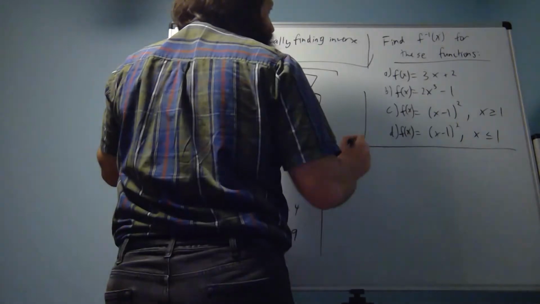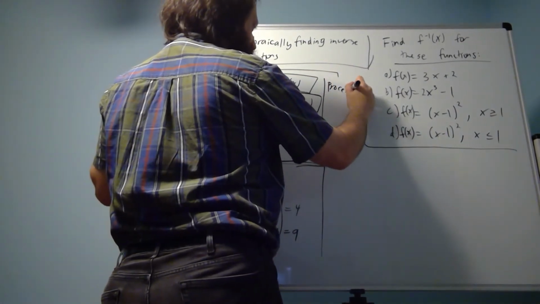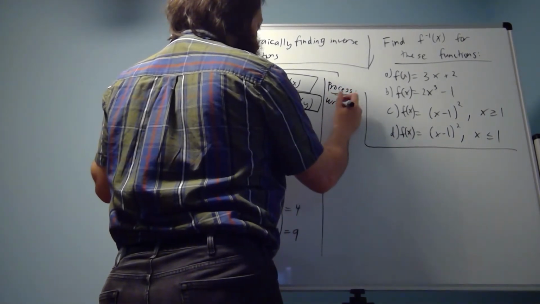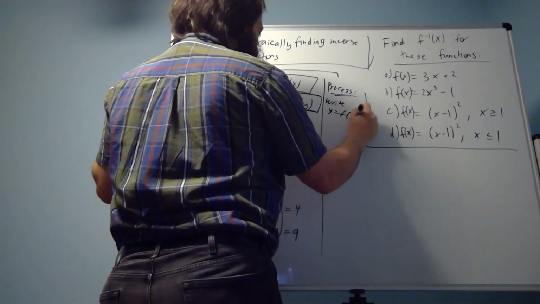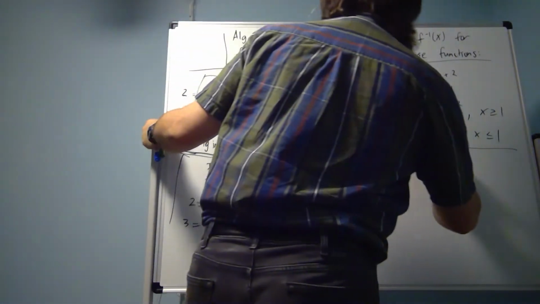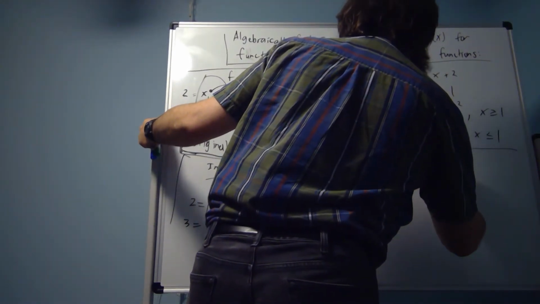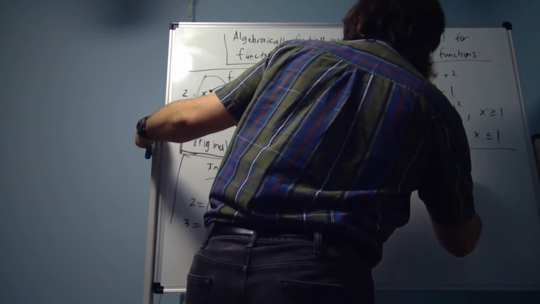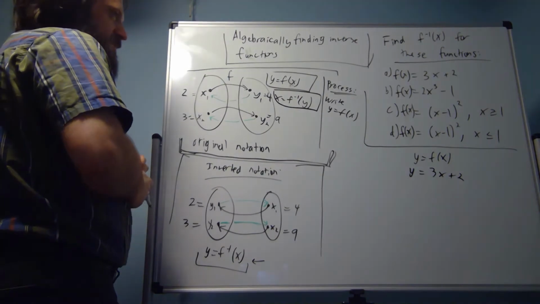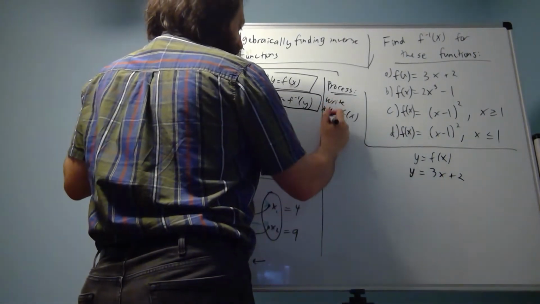So the process is, we write down y is equal to f of x. That's kind of the first step. So I'm solving problem A. That's kind of step 1.